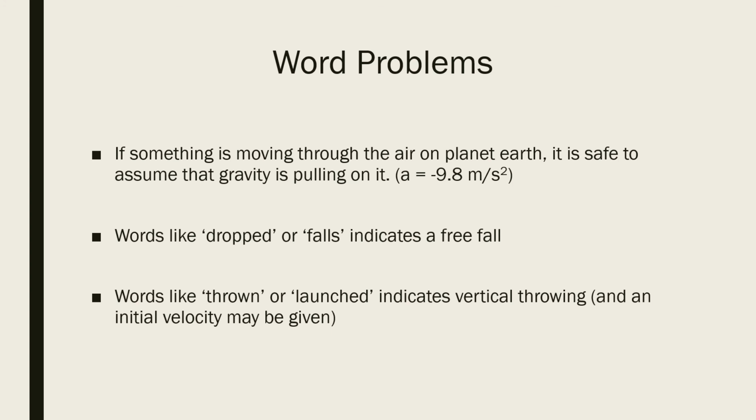So words like dropped or falls indicate a free fall because it starts from rest. If you drop something, it starts from rest. Words like thrown or launched indicate vertical throwing. And of course, if you ever see an initial velocity, well, then you know you have vertical throwing.